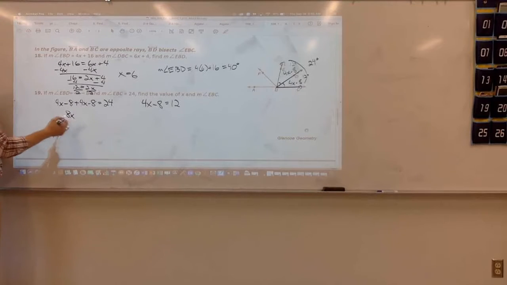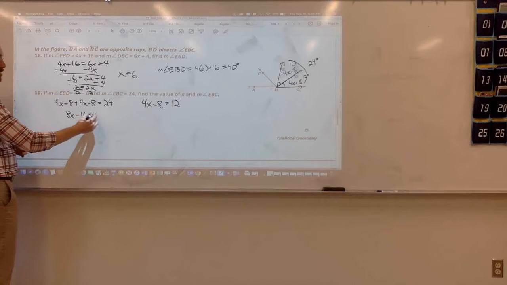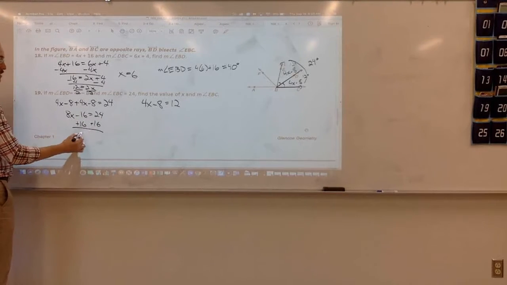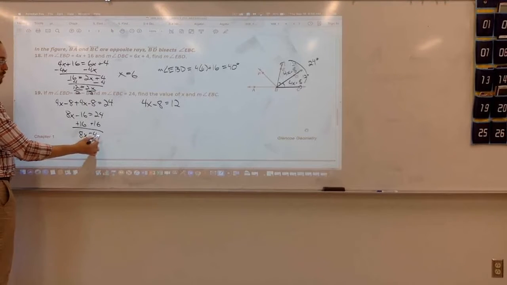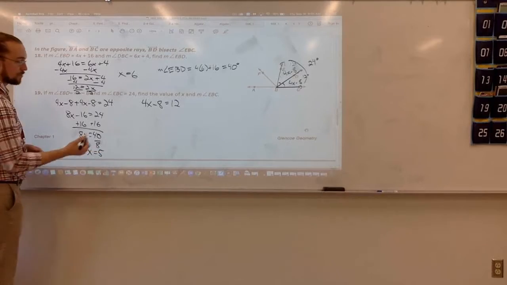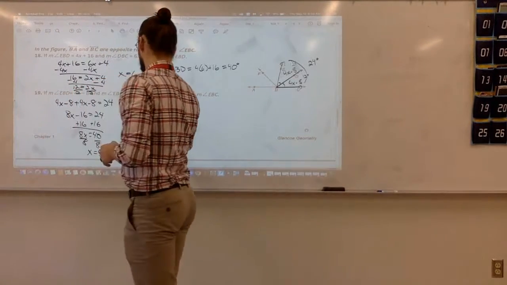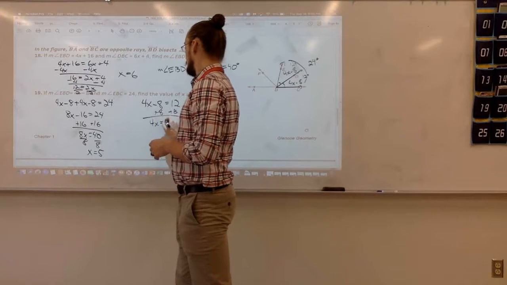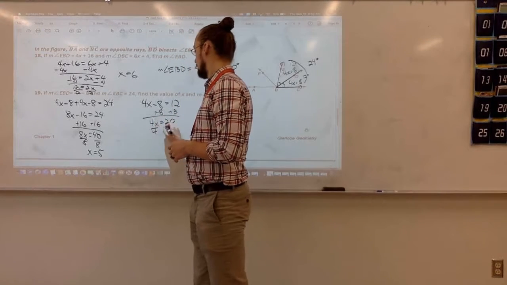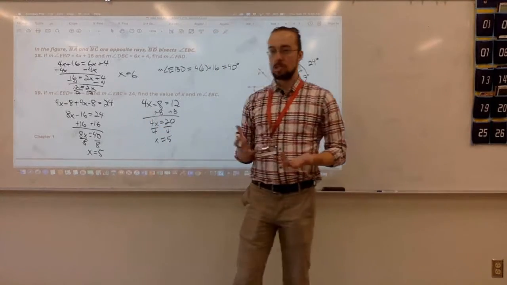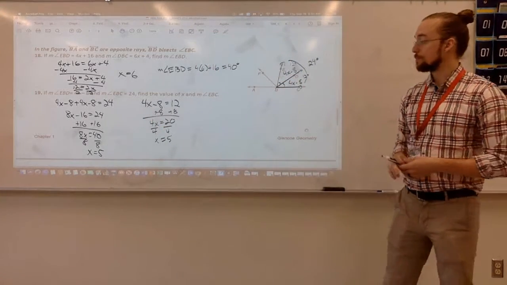If I solve this one, 8x minus 16 equals 24. Add the 16 over. 8x equals 40. Divide by 8, and x equals 5. I would get the same thing here: add 8 over, divide by 4, and we get x equals 5. So either way we do this, we'll get the same answer.